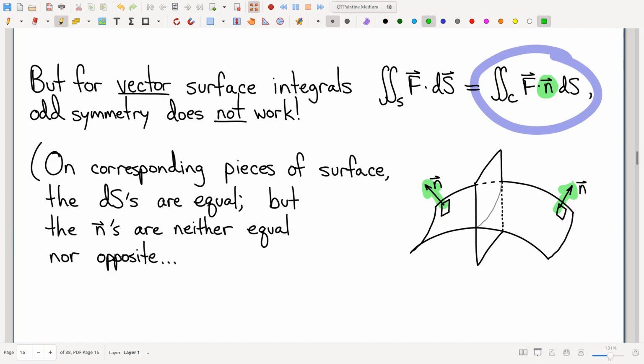The vector field at these points, these points are reflections, and so that vector field at these 2 different points is going to behave in a very nice and predictable way. But these normal vectors, they're not the same. They're not negatives of each other. They're just different. And so crash and burn, no theorem. Please be very, very careful about this. Please do not try to use odd symmetry for vector surface integrals or vector line integrals.